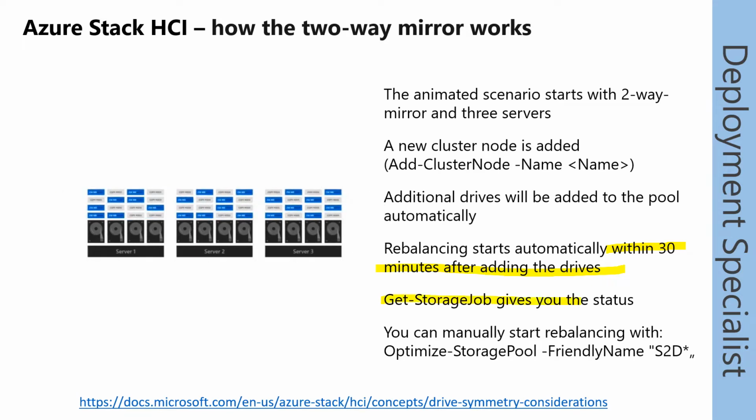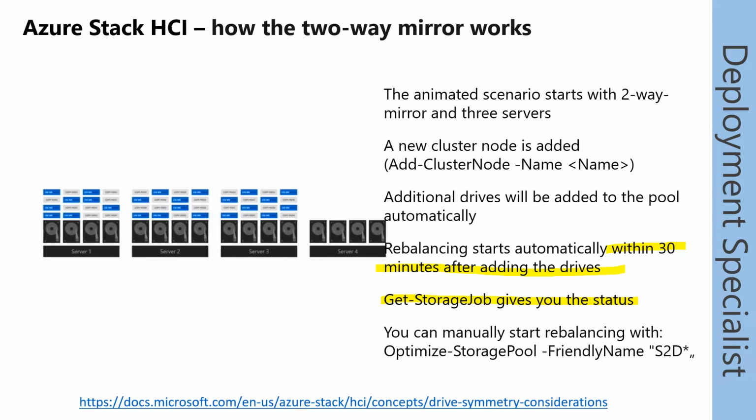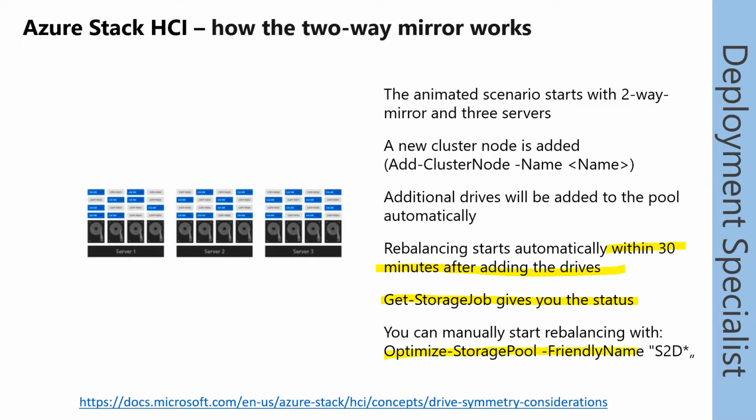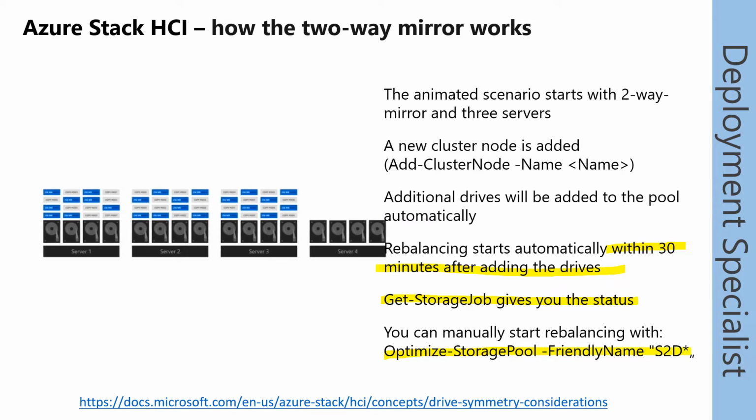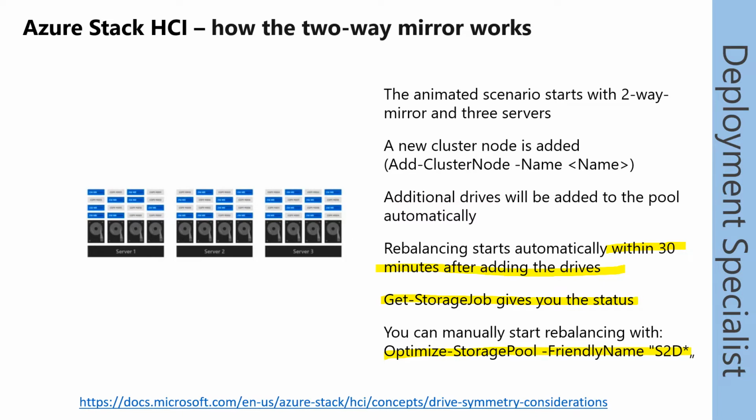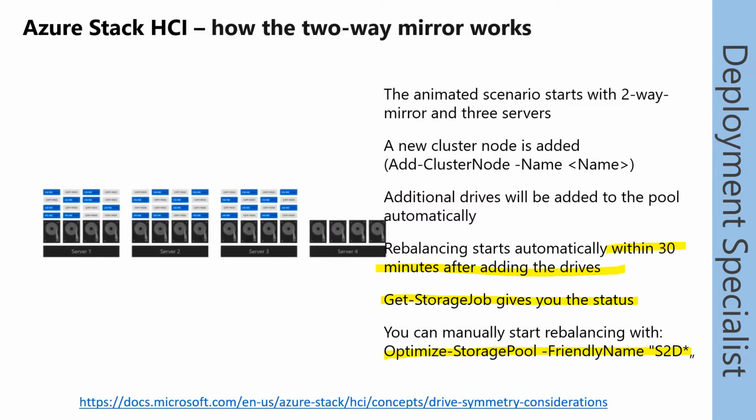With a Get-StorageJob, we can see what happens, and with an Optimize-StoragePool and then the friendly name, we could start the optimization now. So let's check on the server what actually happens here.